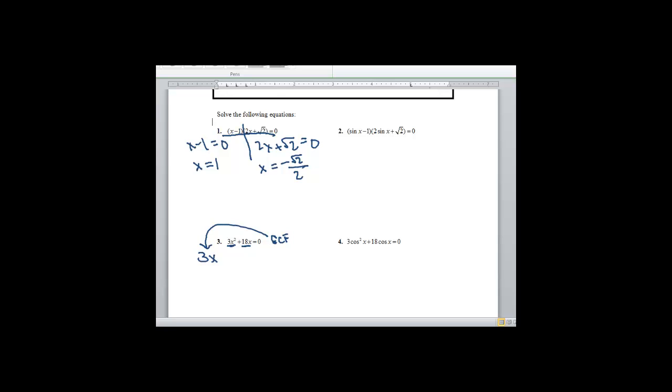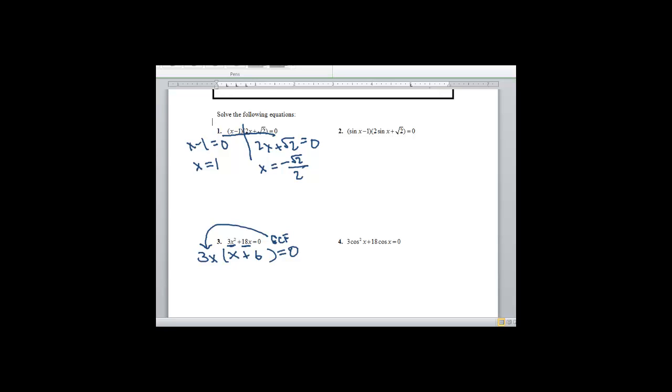Once you factor out your GCF, you open a parenthesis, and what goes inside the parenthesis is whatever's left after you divide out the GCF. So you're doing 3x squared divided by 3x, and when you divide the 3x out, you're left with x. Then when you divide 18x by 3x, you're left with 6.